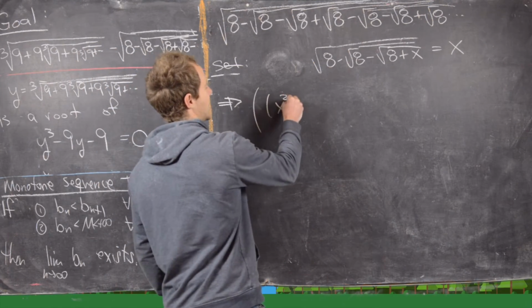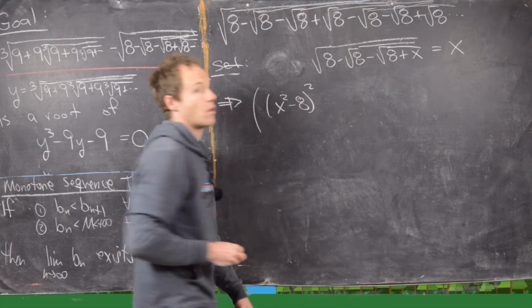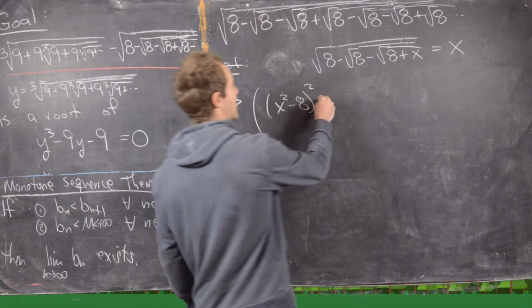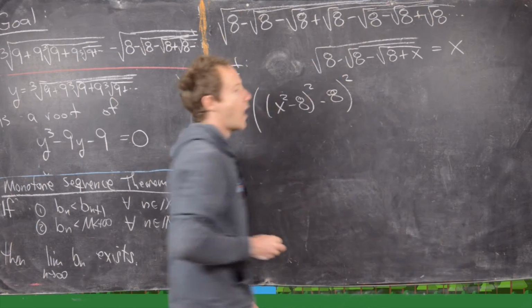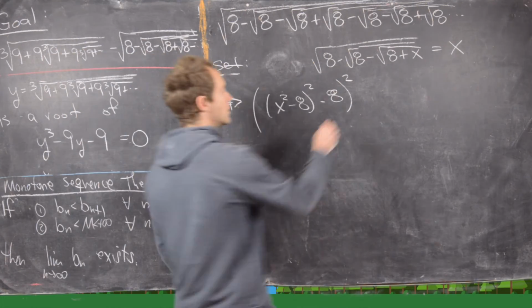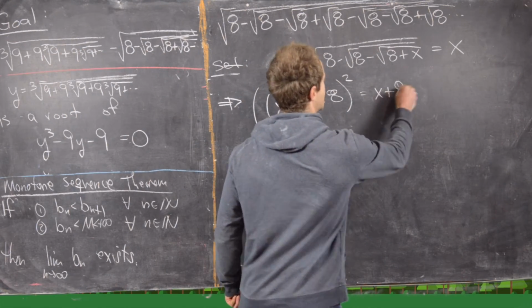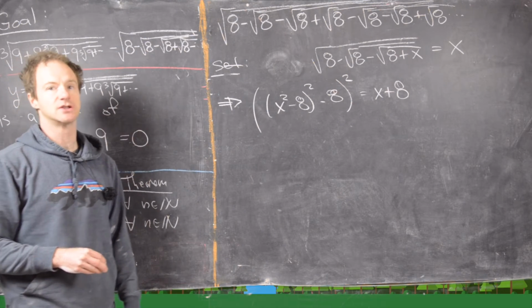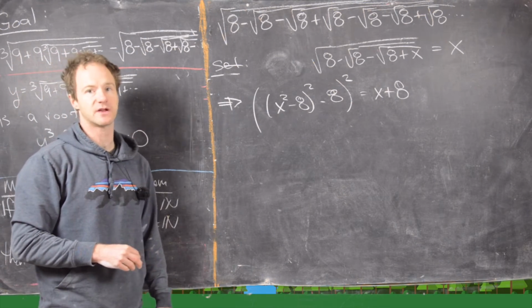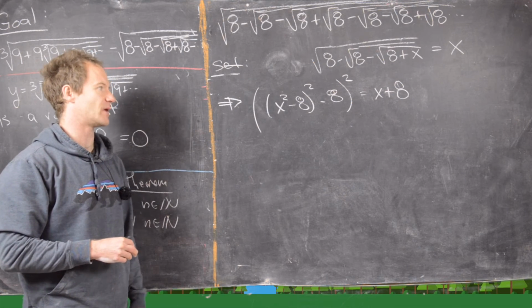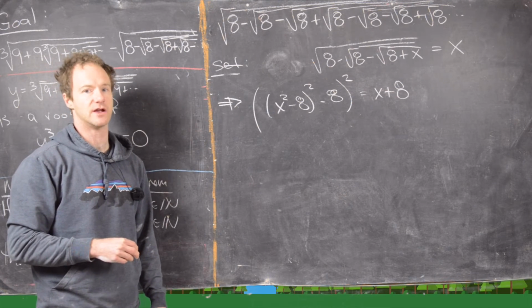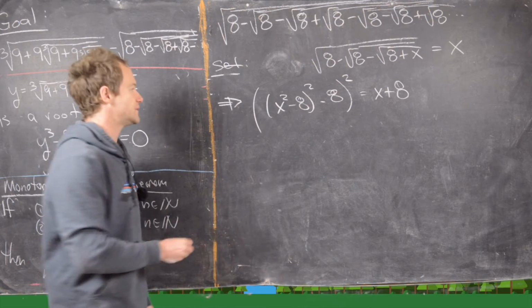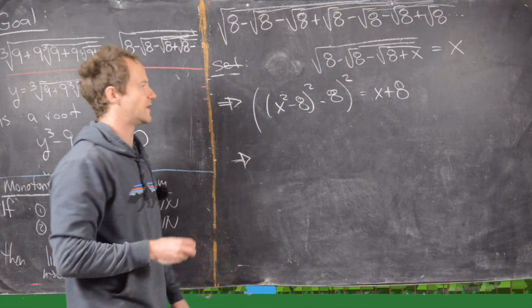So we have (x squared minus 8) squared, minus 8, and then that whole quantity squared equals x plus 8. So whatever this converges to, it will be a solution to that polynomial equation. Notice it's quite a complicated polynomial equation. It is 8th degree.